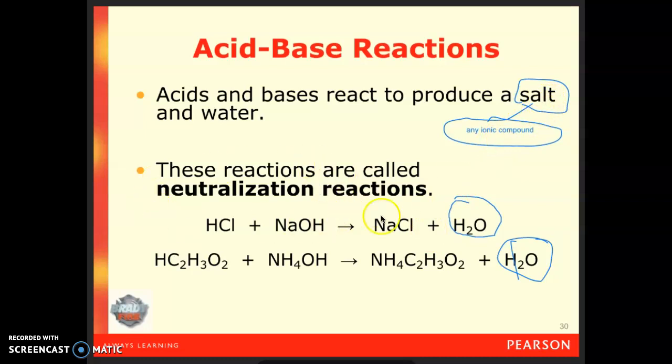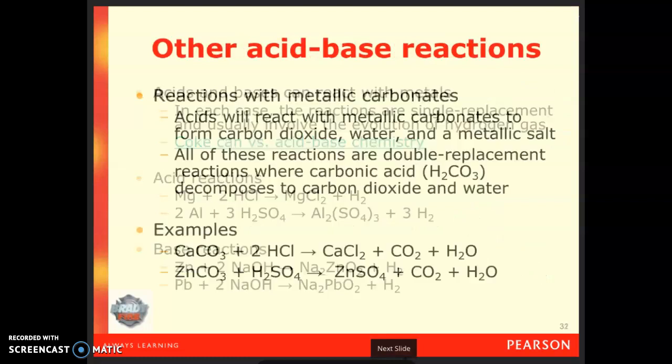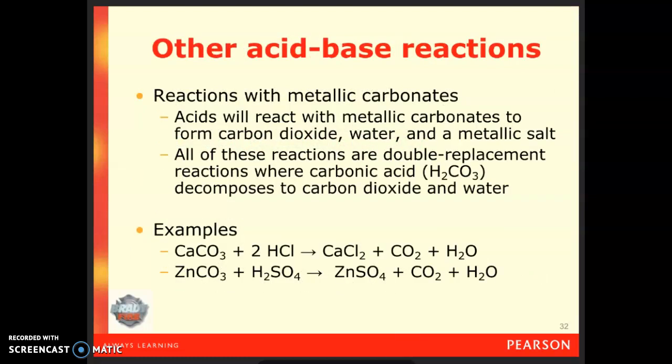And so neutralization reactions are when we have an acid and a base reacting with each other to give a salt and water. And the reason they're called neutralization reactions is because the acidic effects of the acid and the basic effects of the base more or less cancel each other out in these kinds of reactions. Now, there are other kinds of acid-base reactions that can exist.